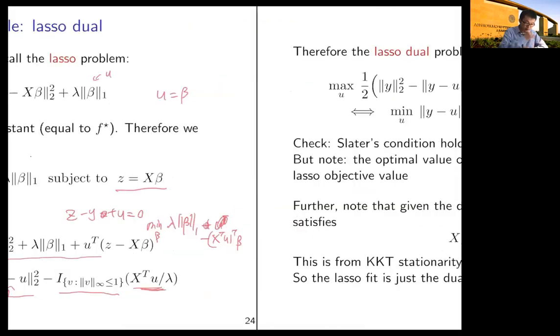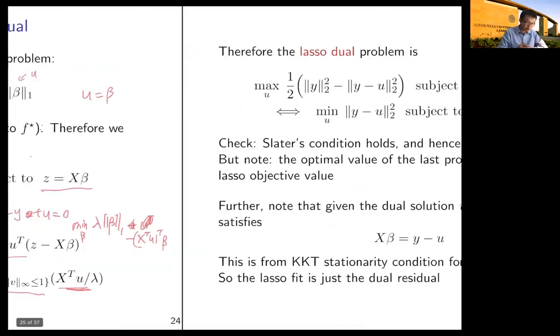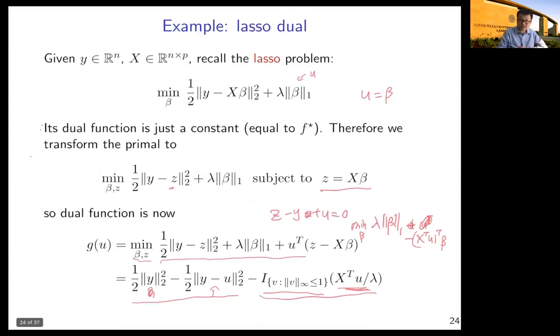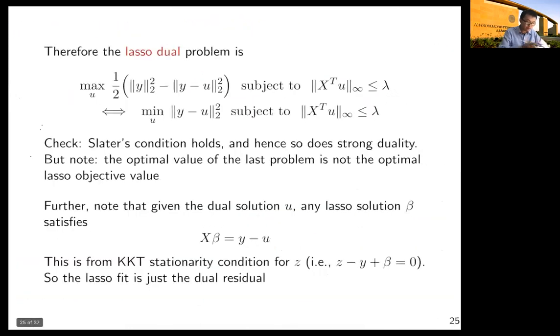Collecting everything together, notice that this is just a constraint, and this term is a quadratic function in u. We can drop the part that's independent of u. Then we can change the maximization to minimization, and this essentially becomes a projection problem.